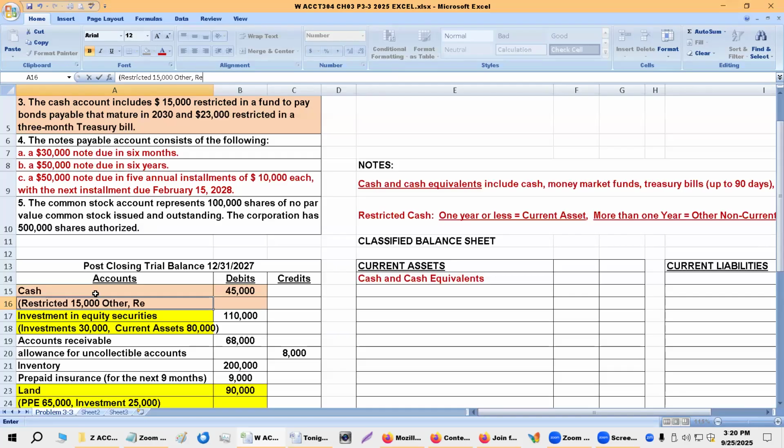We'll have restricted 23,000, again 23,000, current.